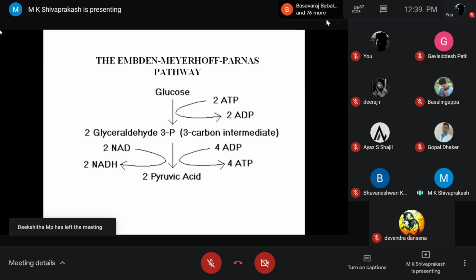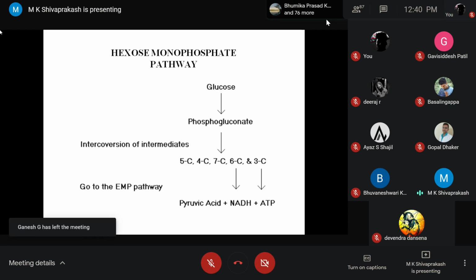Initially, 2 ATPs are consumed, and towards the end, 4 ATPs are produced and 2 NADHs are produced. Ultimately, the net production from a molecule of glucose is 2 molecules of pyruvic acid, 2 molecules of ATP and 2 molecules of NADH.